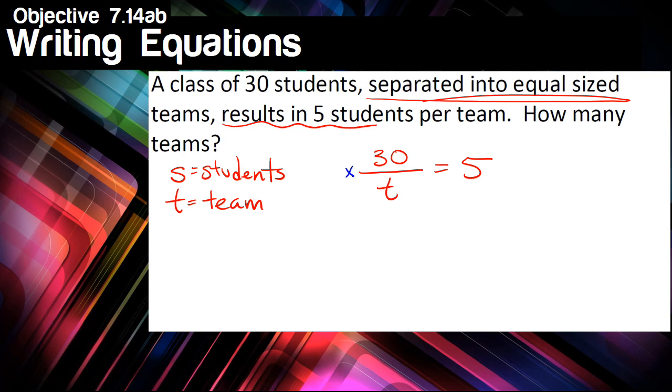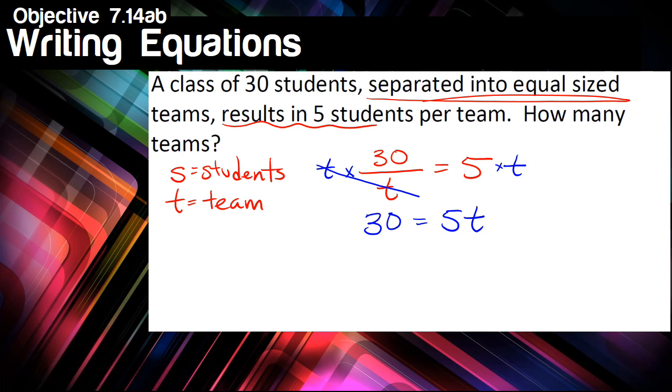First step is, let's multiply both sides by T. What this does, we cross out our T's and we're left with 30 is equal to 5 times T. Because if T is in the denominator, it's going to be kind of tricky to figure out what T is. We can figure out in the head, but this is how we show those steps that are oh so important.